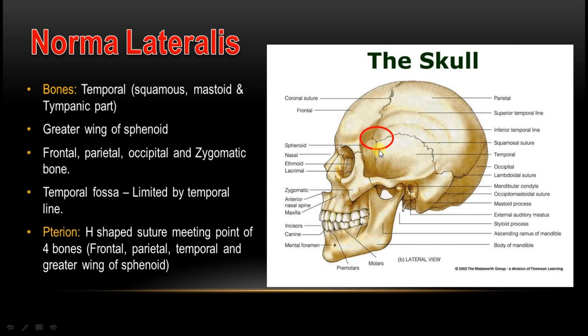Okay. So mainly the middle meningeal artery. Then you also have the stem of the lateral sulcus of the brain. Okay. The stem of the lateral sulcus of the cerebrum also is present deep to the pterion, which is actually called the Sylvian fissure. Okay. So that is the importance of the pterion.